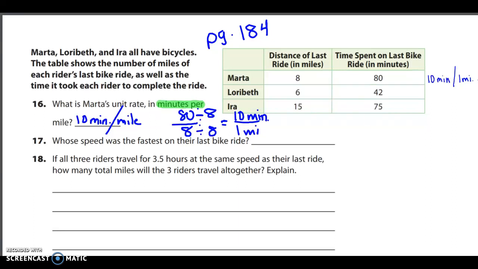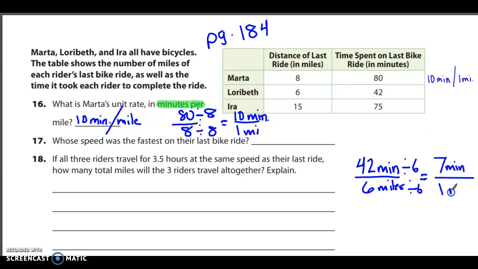Laura Beth, I'm going to show my work down here, it takes her 42 minutes to go 6 miles. And I'm going to simplify those by 6. And I get 7 minutes per 1 mile. I'm going to go ahead and write that up here. She can go 7 minutes per mile.